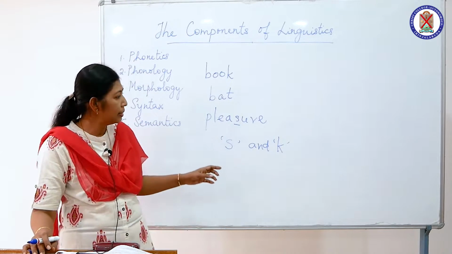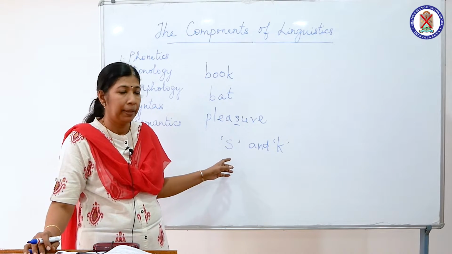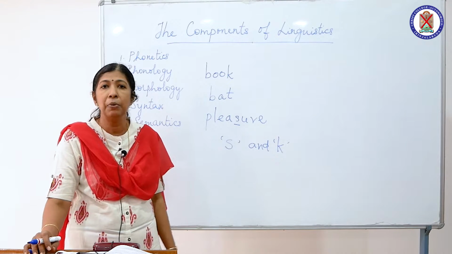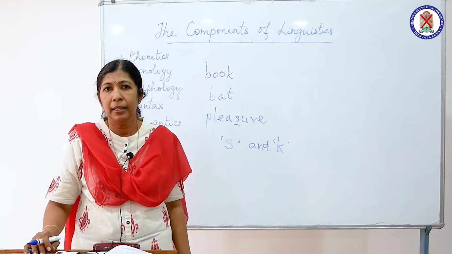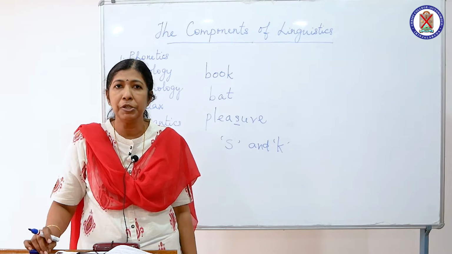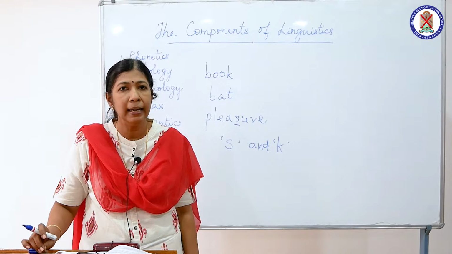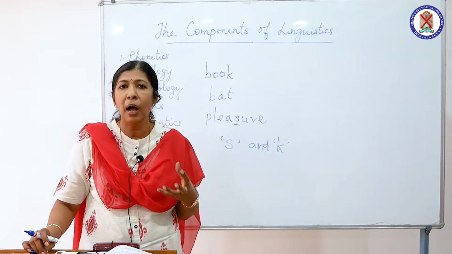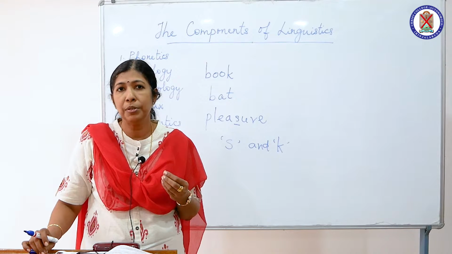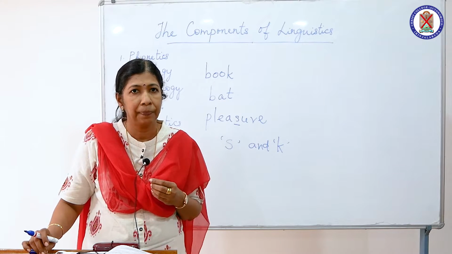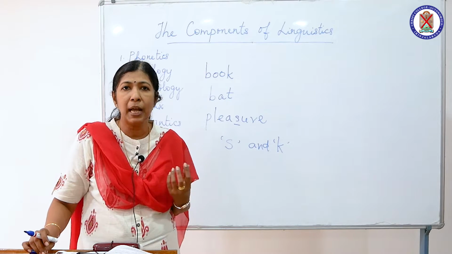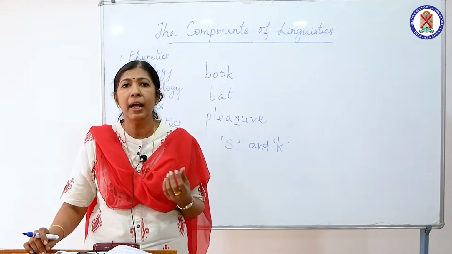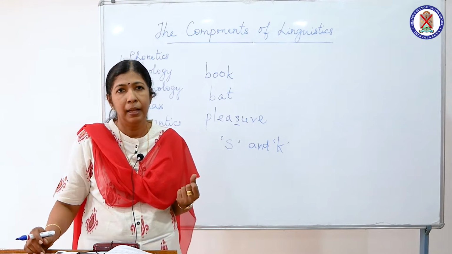Sa, the initial sound in the word sit, and ka, the initial sound in the word cat. These sounds exist in English, they also exist in Hindi. But how are these words used in these two languages? How do these two sounds function in English and how do they function in Hindi?